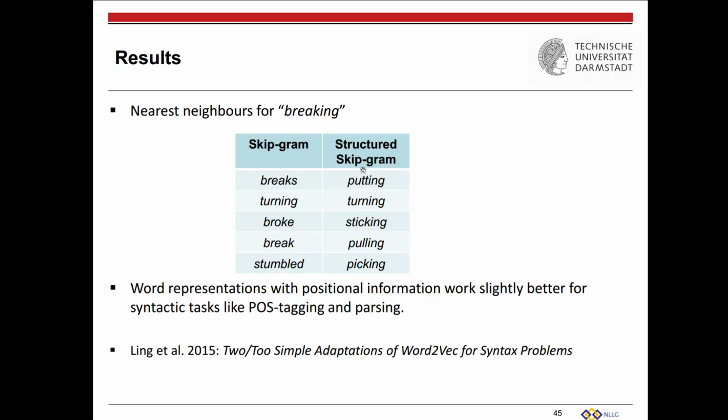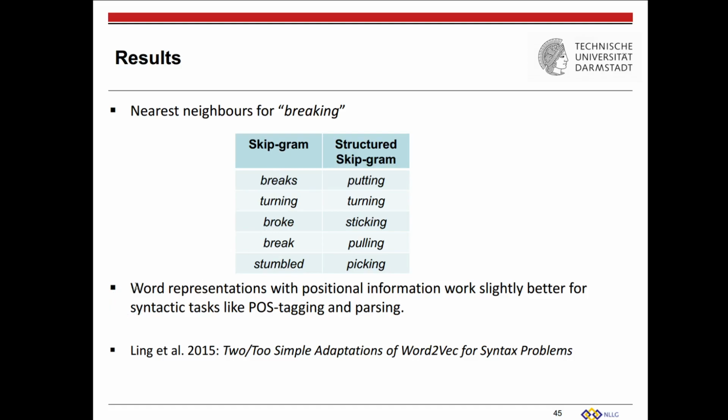While with the structured skipgram model, all these words end with ing, which means that these are all gerunds. These words are grammatically identical to this word, whereas here we have a more grammatical divergence.